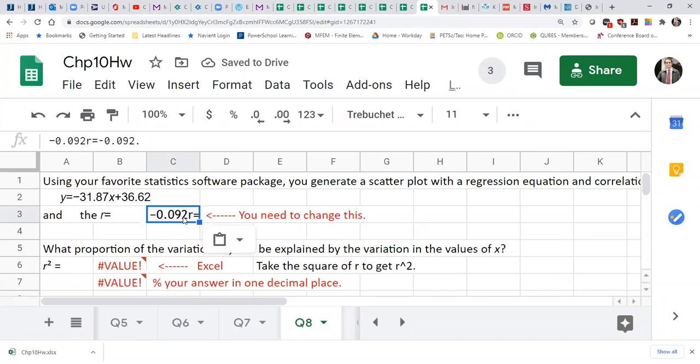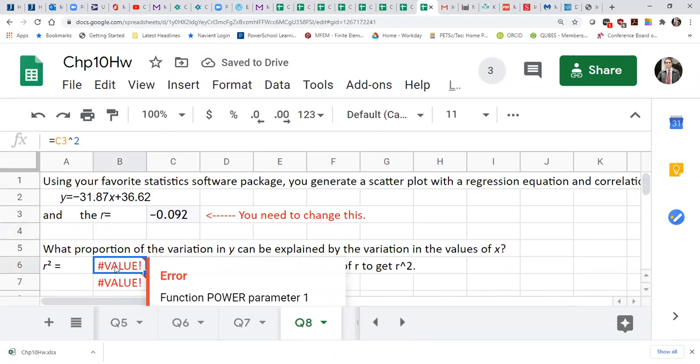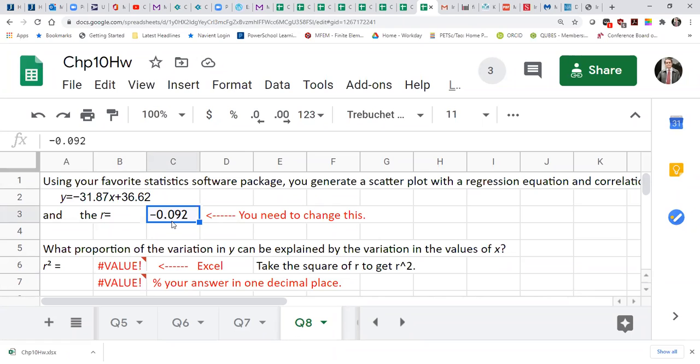Oops, I'm doing it. Yeah, I don't know. Maybe I need to type it.